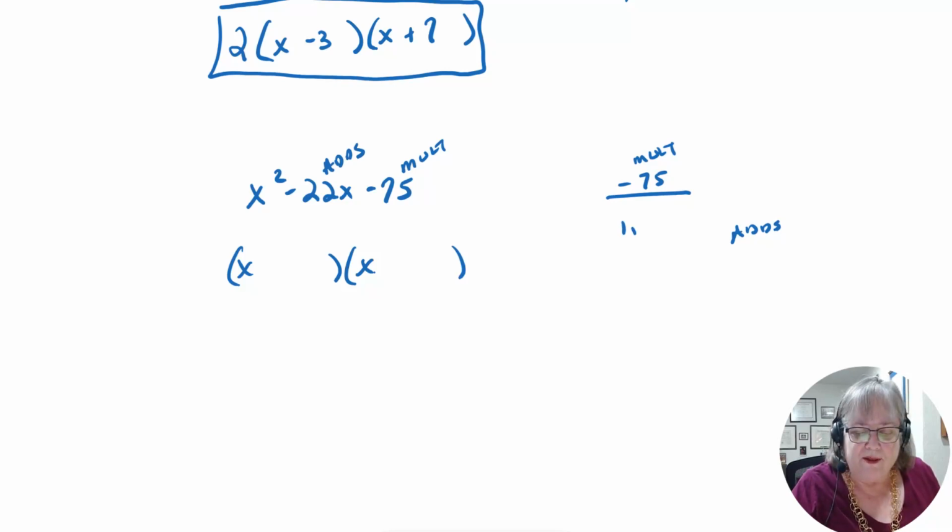So you've got 1 and 75, 3 and 25. Now 5 will go into it, all right? But I already have the pair that I need, because if this was a minus and this was a plus, that would multiply to negative 75 and add to negative 22, wouldn't it? So there's no point to keep going. So I'd have plus 3 minus 25.